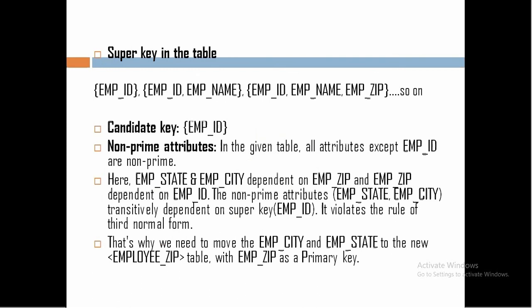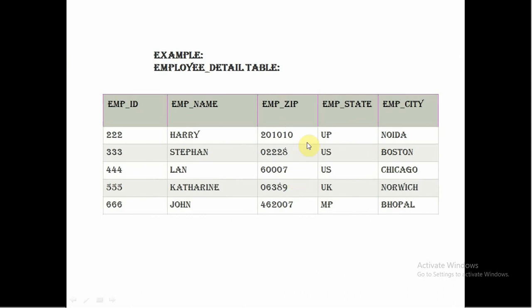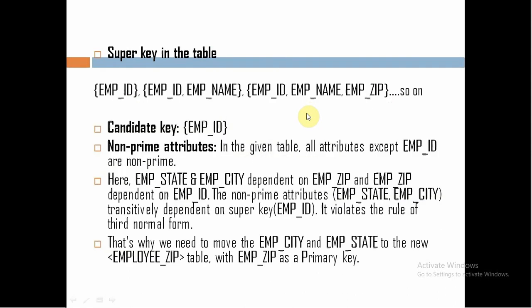Here, employee state and employee city are dependent on employee ZIP, and employee ZIP is dependent on employee ID. The non-prime attributes state and city are transitively dependent on super key employee ID. So, it violates the rule of third normal form.